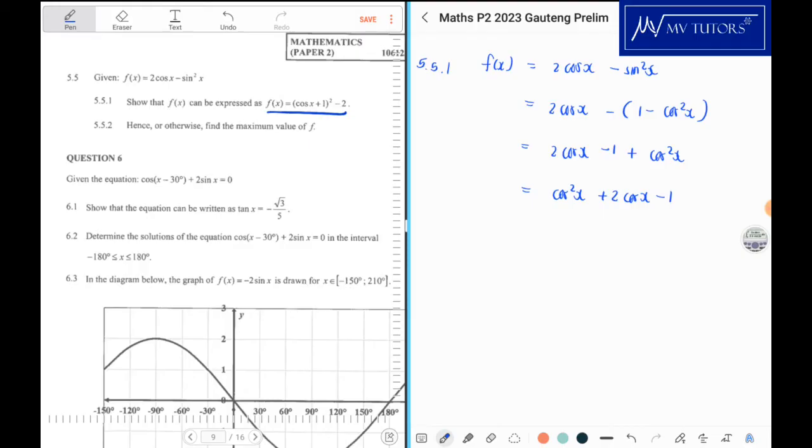And it's like I have a quadratic function. If this is a little bit too much for you to deal with, you can basically say let y be equal to cos x. Then you'll have y squared plus 2y minus 1, and hopefully it's easier to look at in this case.